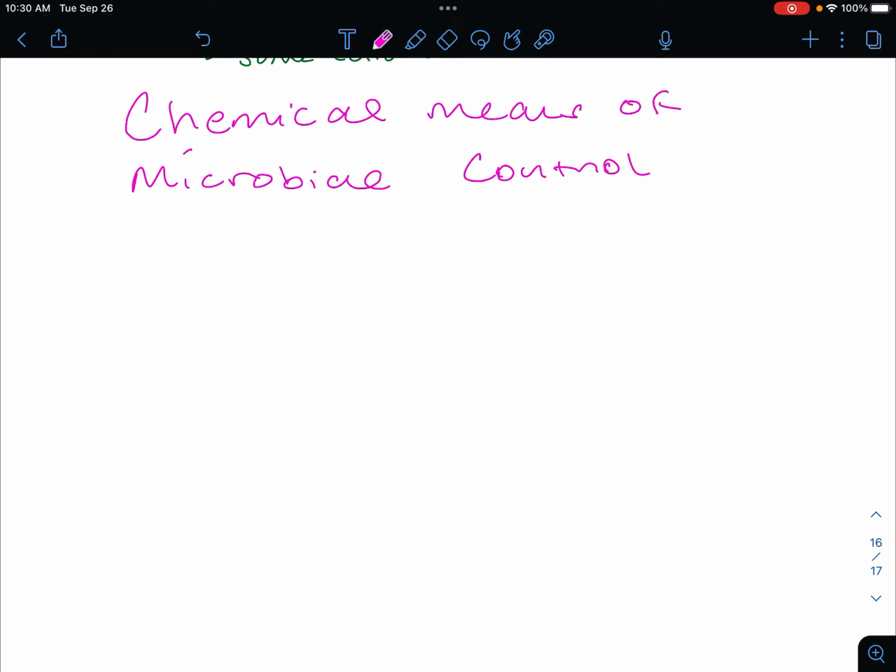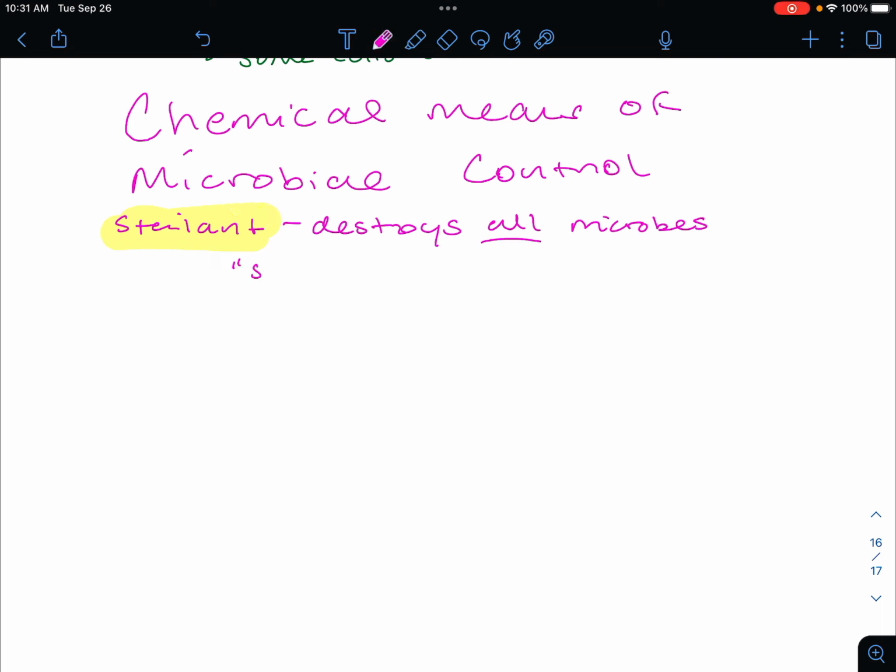Alright, so once again we're going to be going over some definitions. So we have sterilant, and this destroys all microbes. And they're also called sporicides. So again, we talked about those endospores. They're also known as sporicides. So they do get rid of those resistant endospores.